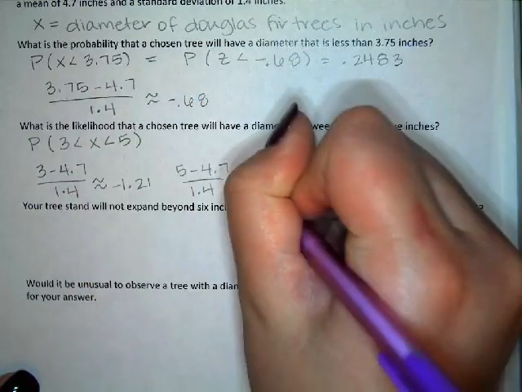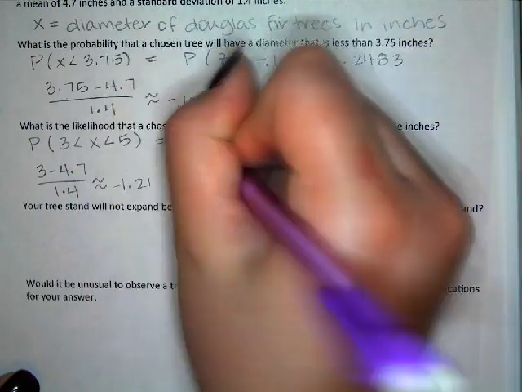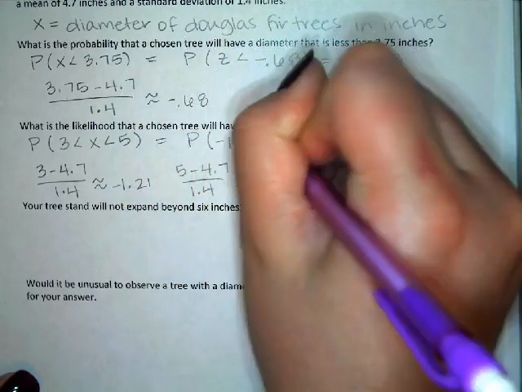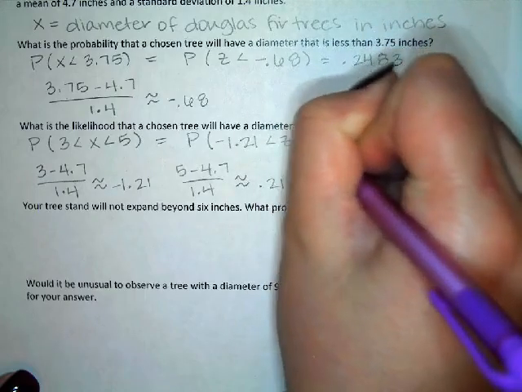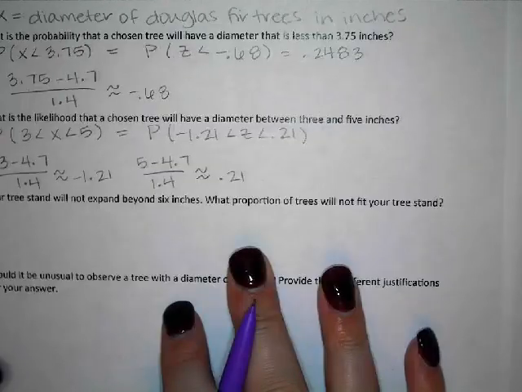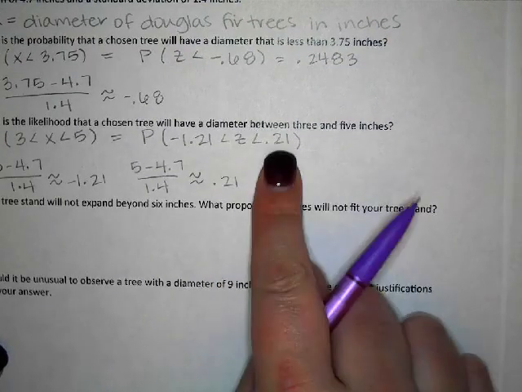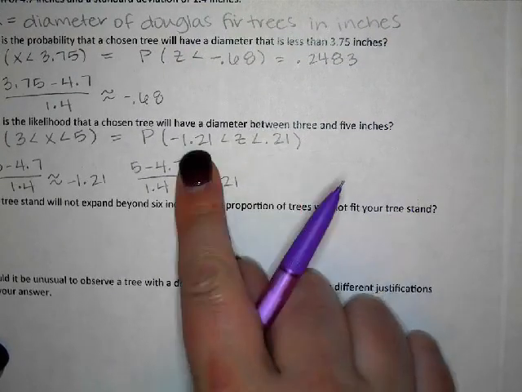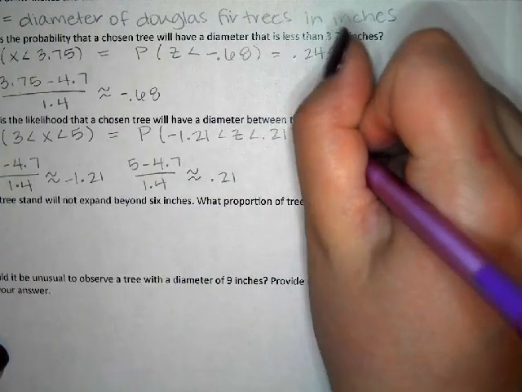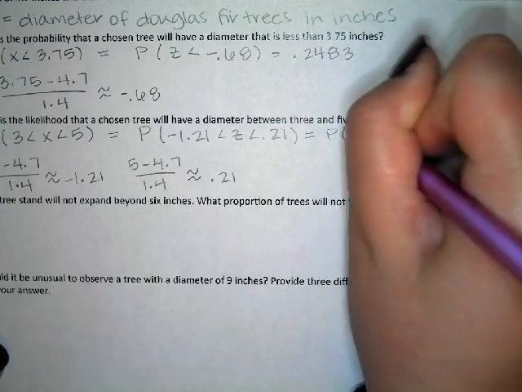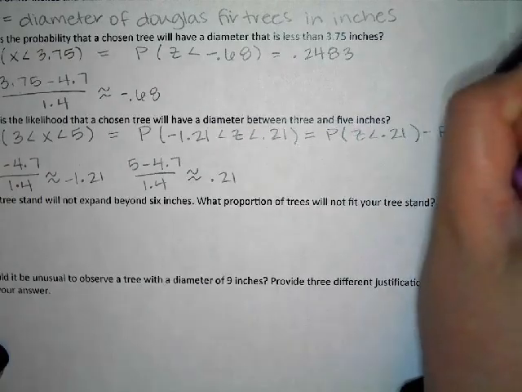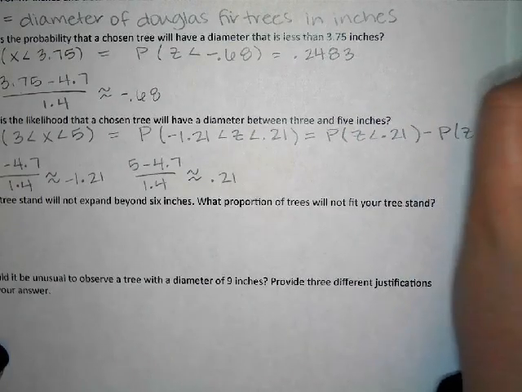So this is the probability that z is between negative 1.21 and 0.21. And to calculate this, we do the rightmost minus the leftmost, or the upper bound minus the lower bound. So the probability that z is less than 0.21 minus the probability that z is less than negative 1.21.